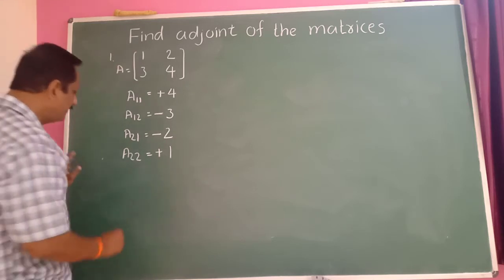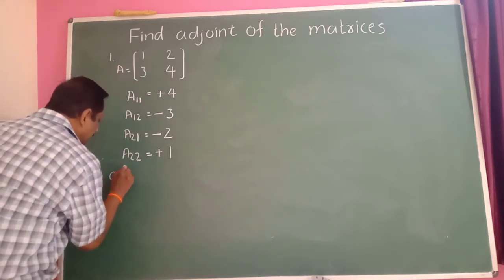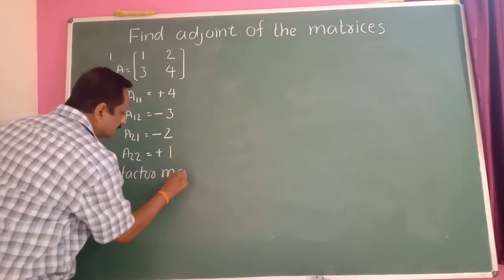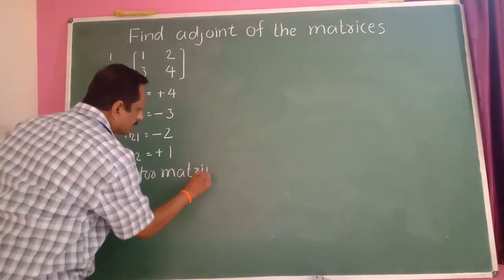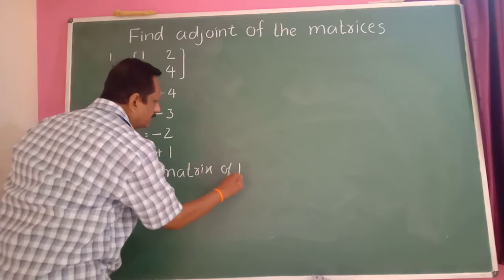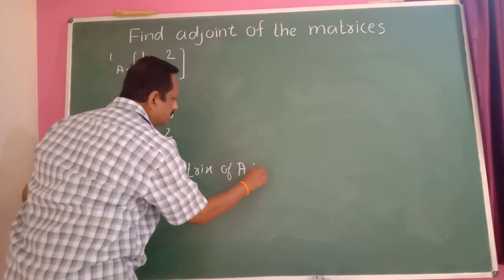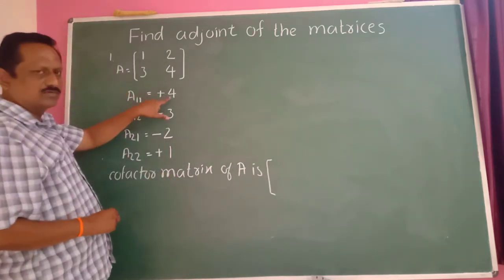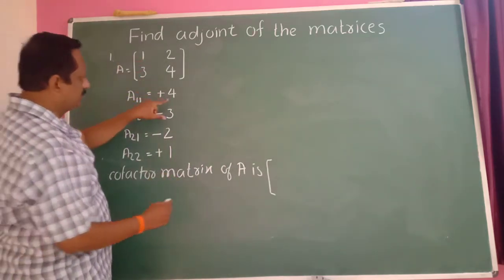Okay. Therefore, write the cofactor matrix of A. Here 4 is the cofactor of this element, so write 4 here.